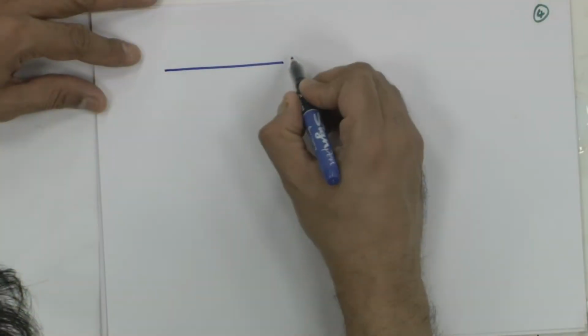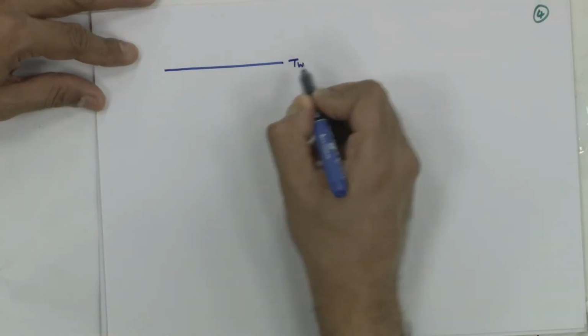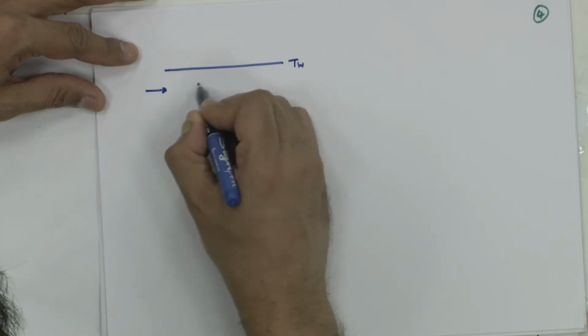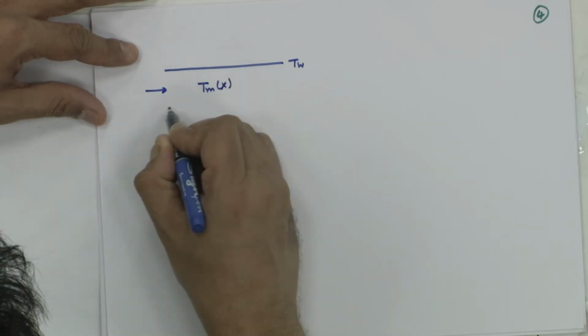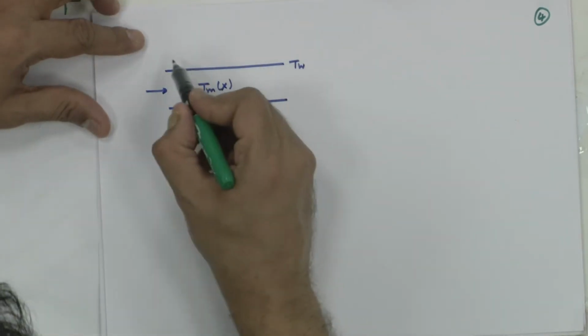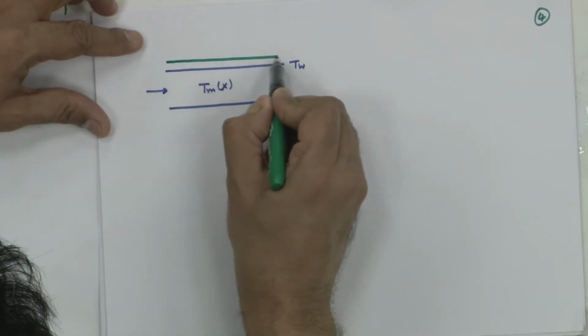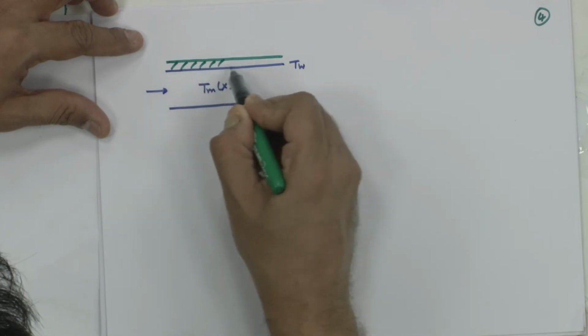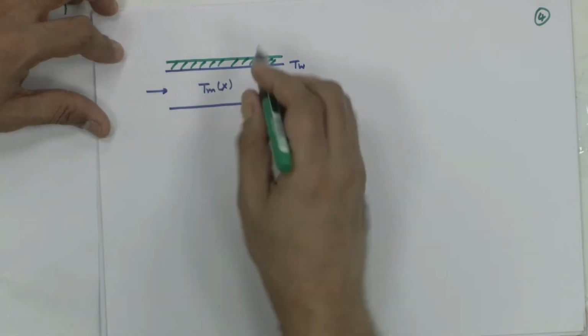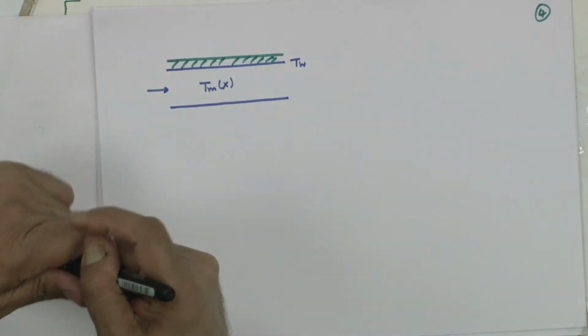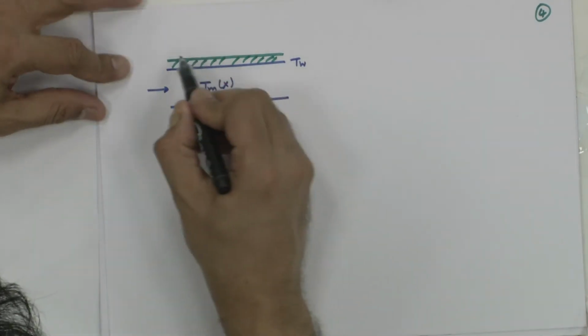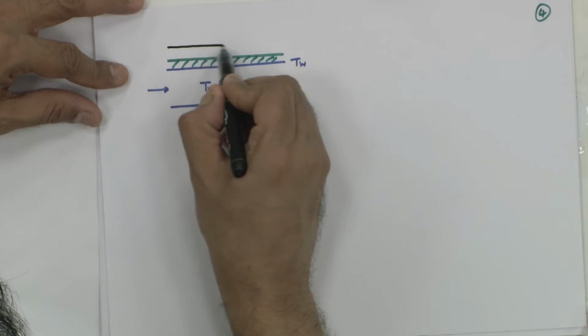The multiple resistances come from the fact that you are going to have this as the T wall, this is the bulk fluid which is flowing, T bulk local, and instead of this being held constant, you could have a layer of this could be the pipe material, there could be a finite thickness associated with it, there could be some kind of a sandwich material, another material, or you could have an insulation.